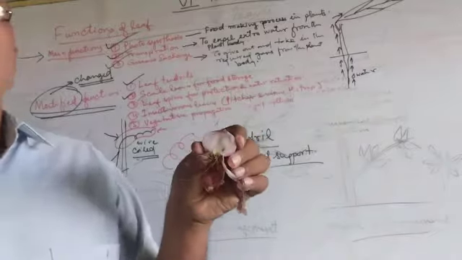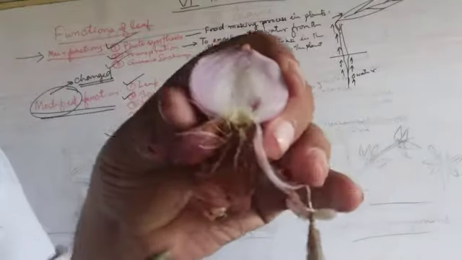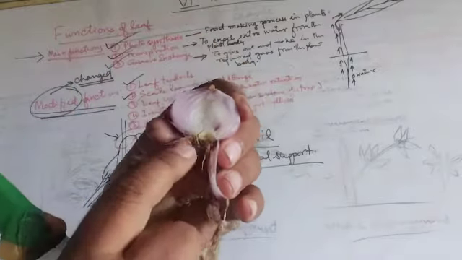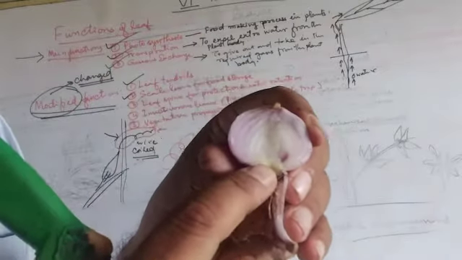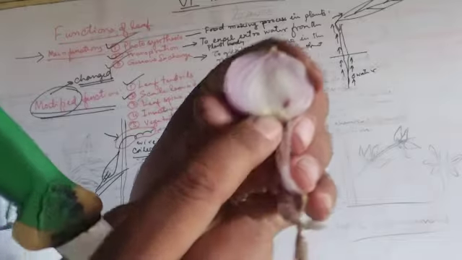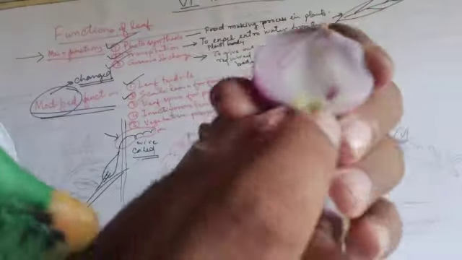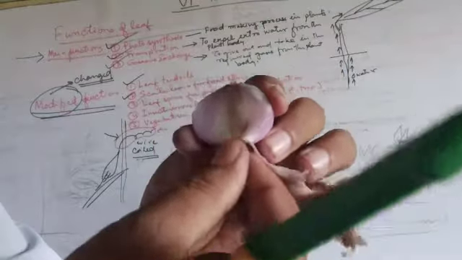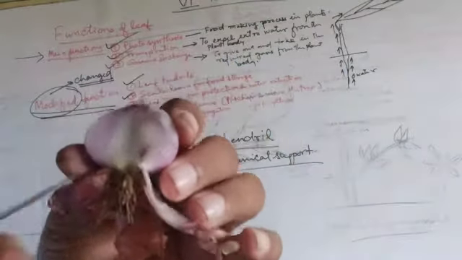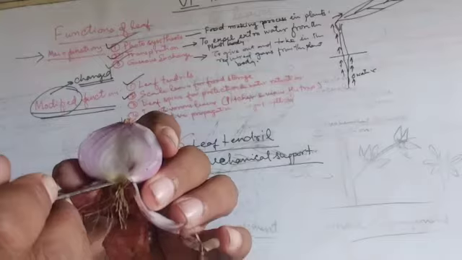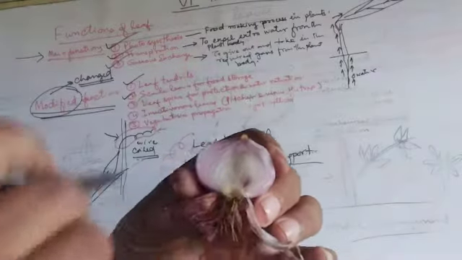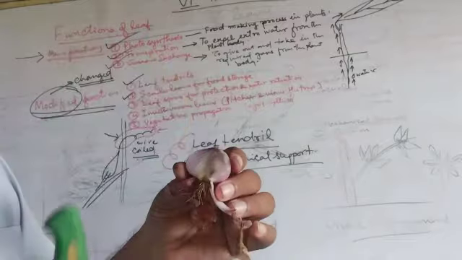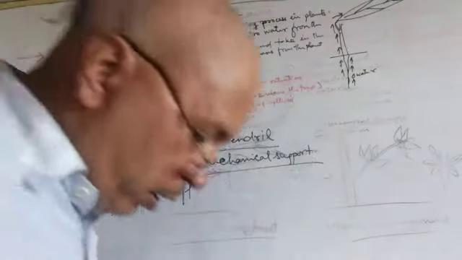You see, in this onion, this white colored, pale yellow colored structure, where I am showing, you can notice one yellowish color structure, sunken, a very small stem. This is the stem, and from all around this stem, in a whorl type of arrangement, the leaves come out, right?